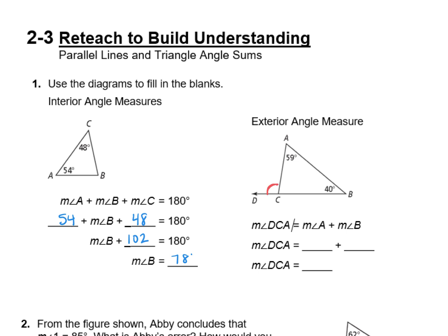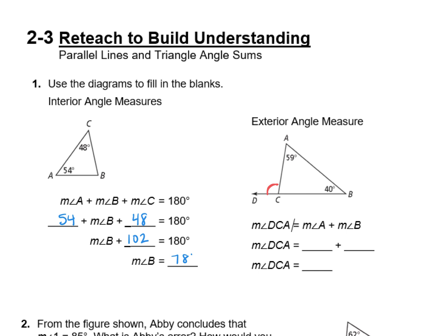The measure of that angle is equal to the measure of angle A plus the measure of angle B. So these are the remote interior angles. They will add up to equal the opposite exterior angle. I'm just saying opposite so we understand it's across the triangle, and it's an exterior angle created by extending one side of your triangle.